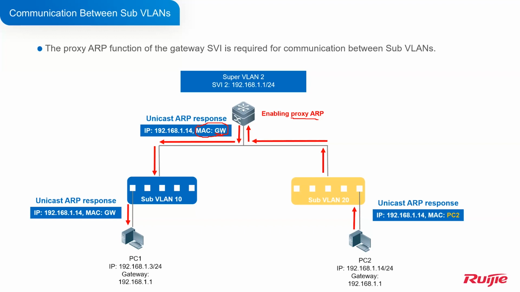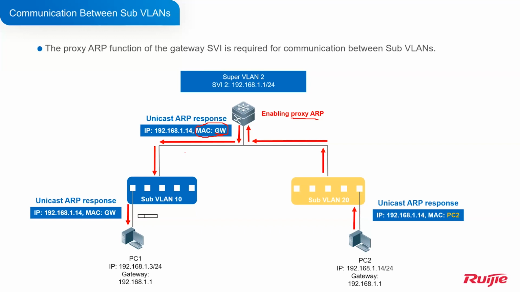This is the reason why the switch directly gives the MAC address of the gateway to PC1, and PC1 will get the response. After getting the MAC address, PC1 will encapsulate the packet and send it to PC2. So let's see it.